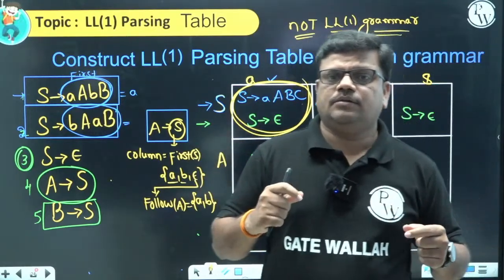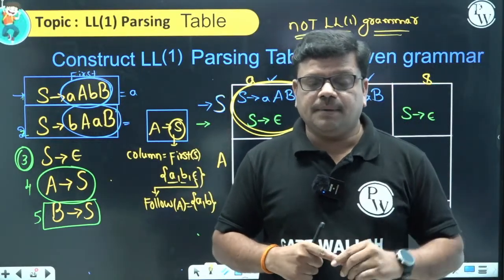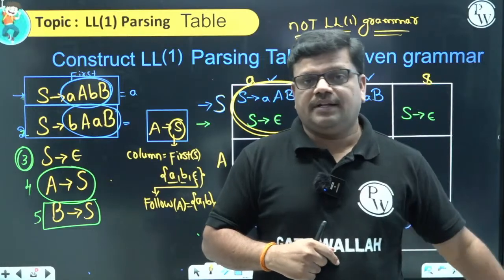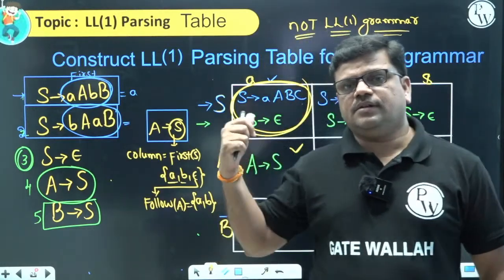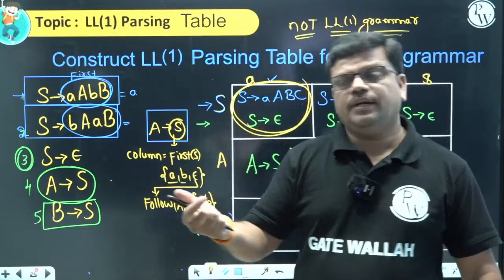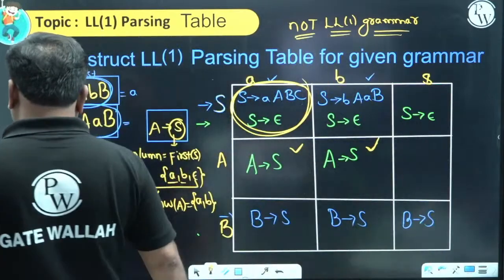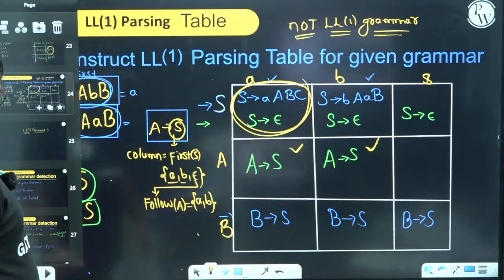There are so many questions of this type in previous papers. Which of the following grammars is LL1? Okay, table-based construction is one way, and without tables also we can determine it. I will tell you the rules.